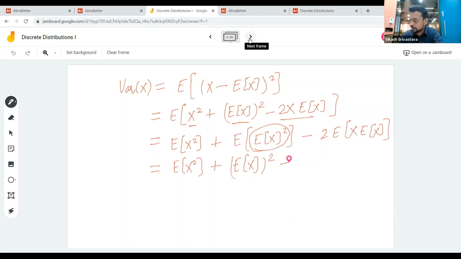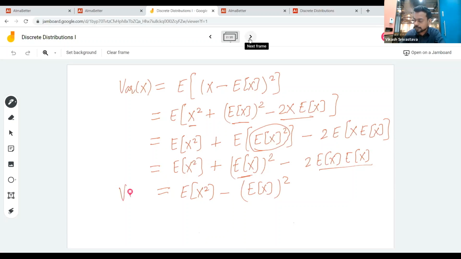Then here also we can take the expectation of x outside, so the expectation of x multiplied by the expectation of x. Essentially this is the expectation of x squared only, and we have minus 2, and there is this plus term. Finally this will boil down to this particular term, and this is what the variance of x is. This is a pretty general definition of the variance of a random variable x.